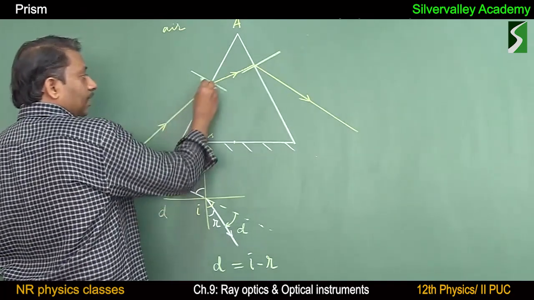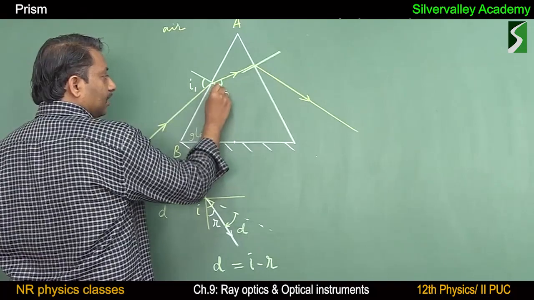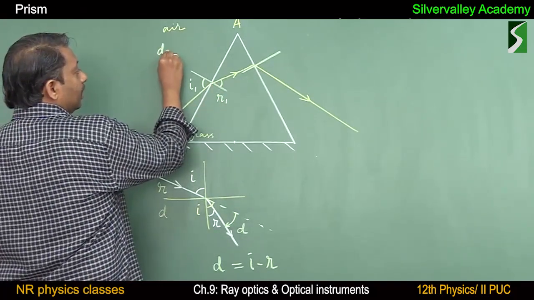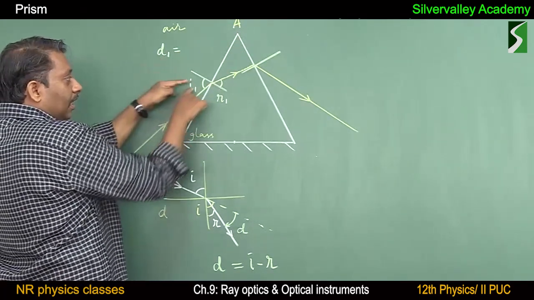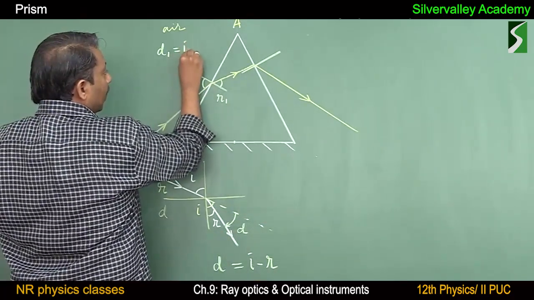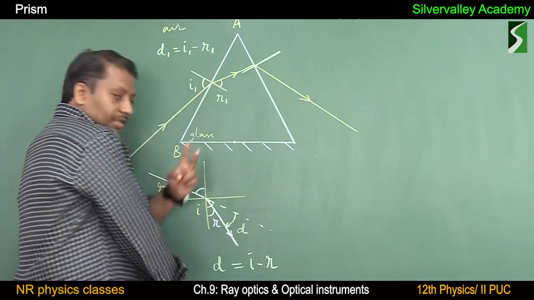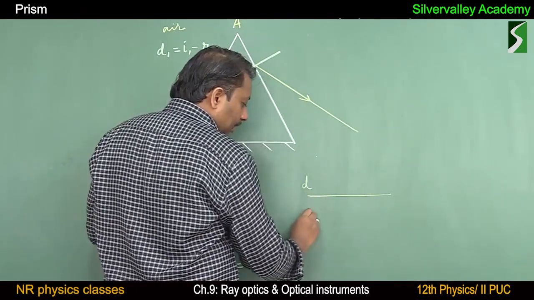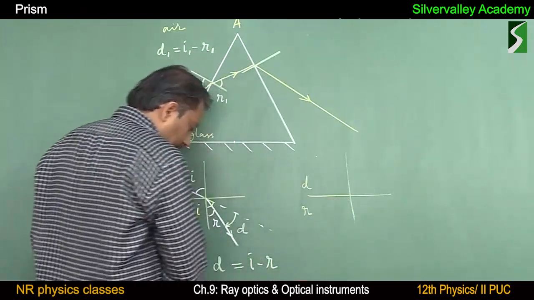In this case, if this angle is I1, this angle is R1, then deviation in the first interface AB is I1 minus R1. I minus R, in this case I1 minus R1. Now, second case, denser medium, rarer medium. Normal drawn at the point of incidence.